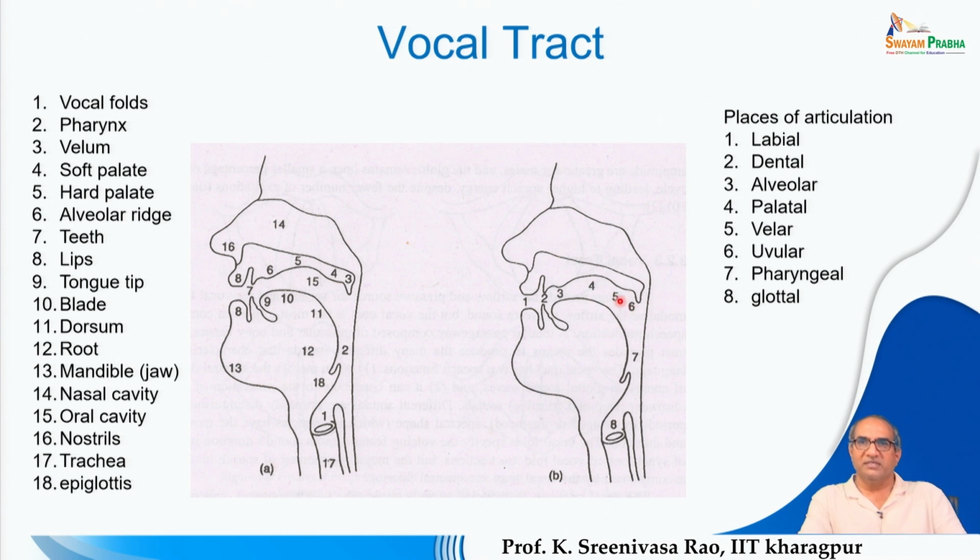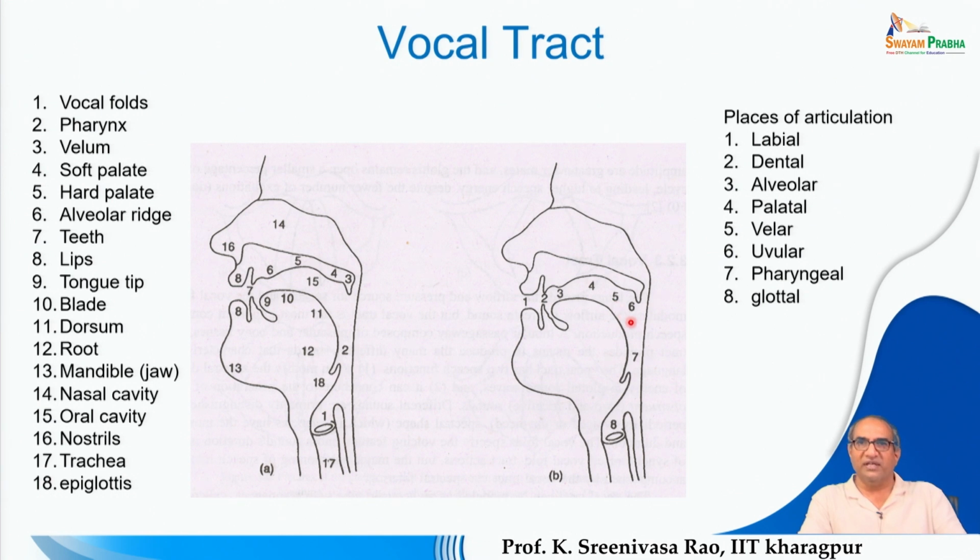Likewise there is a blockade at point 5, the velar point, then the soft palate, hard palate, alveolar ridge, teeth or lips. At different places the air is blocked by a constraint, and releasing the air from that constriction gives different sound units.